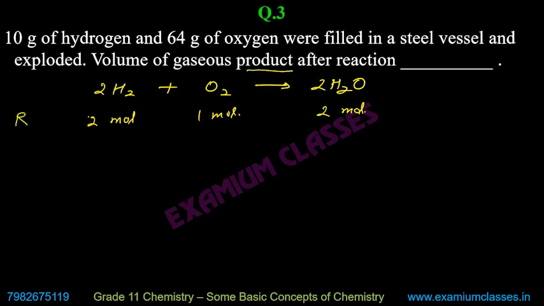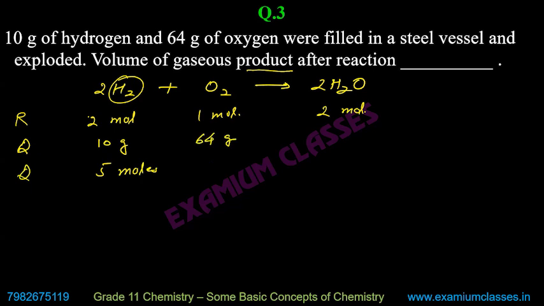But what is given in the question? In the question it is given you have 10 grams of hydrogen. How many moles of hydrogen? 10 divided by 2, that is 5 moles. So according to question, you have 5 moles of hydrogen, 64 grams of dioxygen.